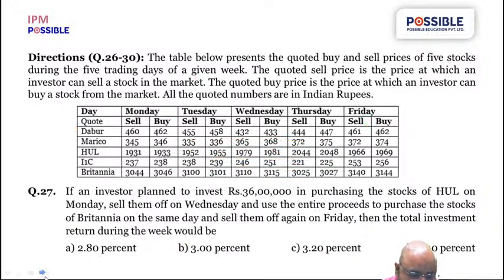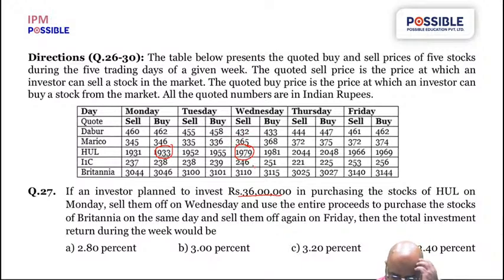Okay, now here probably I'll have to solve because this looks at exact values. If the investor plans to invest 36 lakh rupees in purchasing stocks of HUL on Monday, sells on Wednesday, and uses the entire proceeds to purchase the stock of Britannia on the same day and sells again on Friday. So basically HUL, I am buying on Monday, then I am selling on Wednesday.